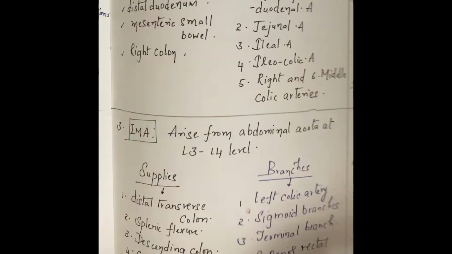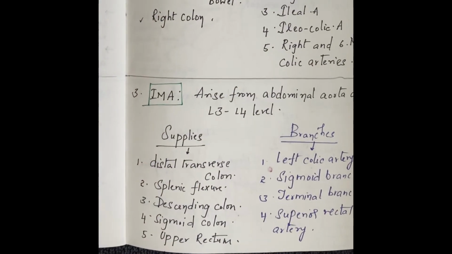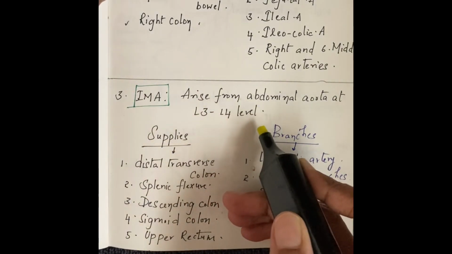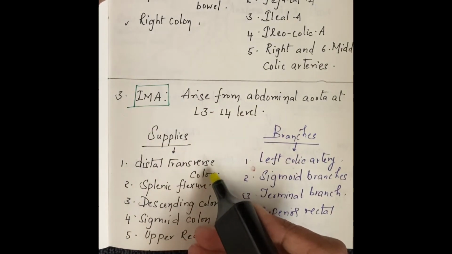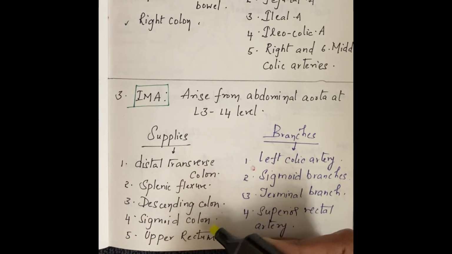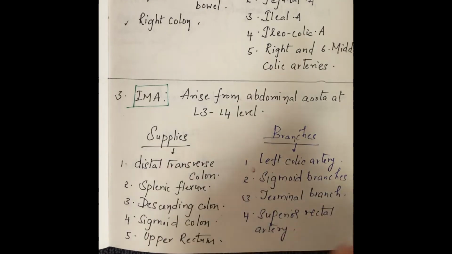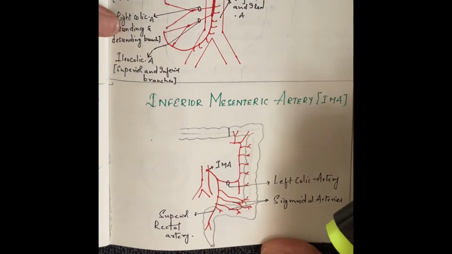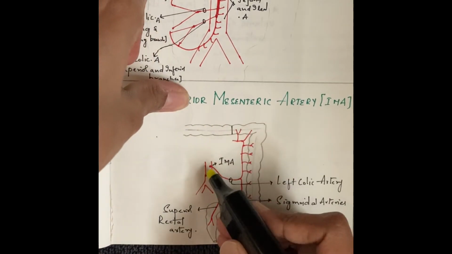Then coming to the inferior mesenteric artery. It arises at the level of L3 and L4. It supplies the distal transverse colon, splenic flexure, descending colon, sigmoid colon and upper rectum. What are the branches of the inferior mesenteric artery?